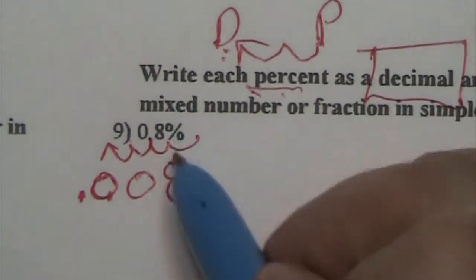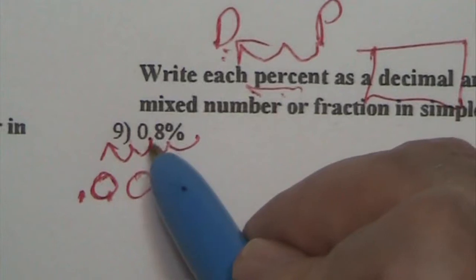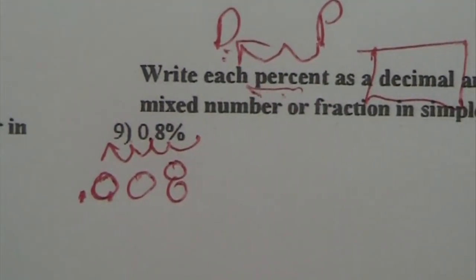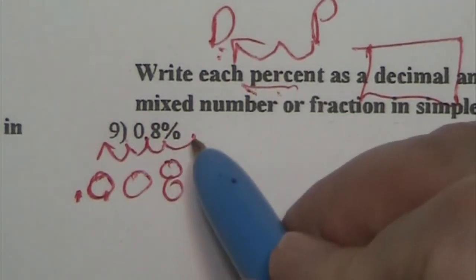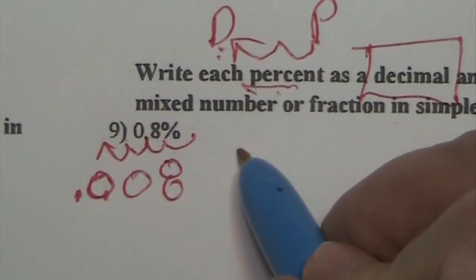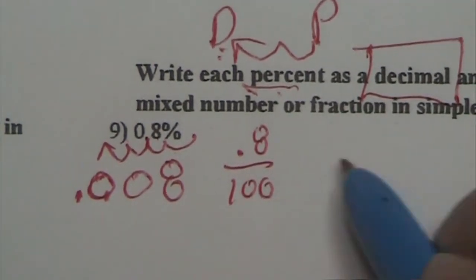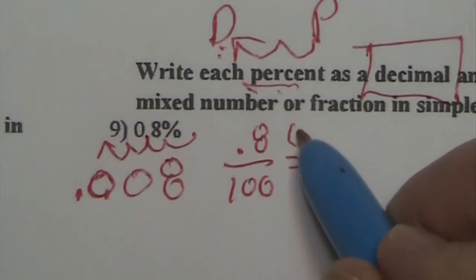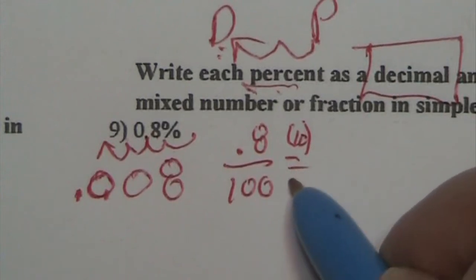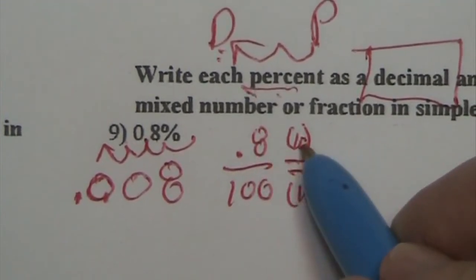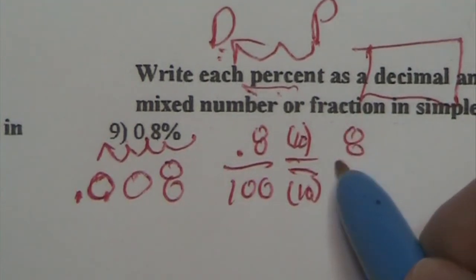You know what? I can double check that just by making this into a fraction. I'm going to do this 2 ways. 0.8% is the same thing as 0.8 over 100. Well, if I multiply it by 10, and I multiply this by 10, I'm going to scale it up. 0.8 times 10 is just 8.